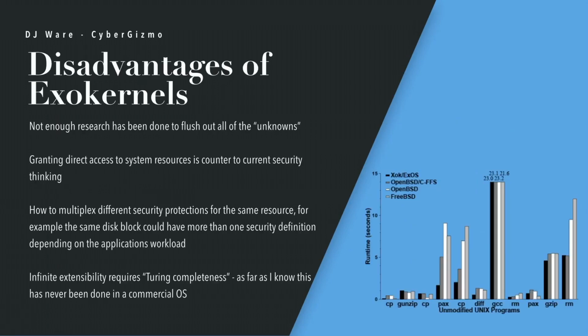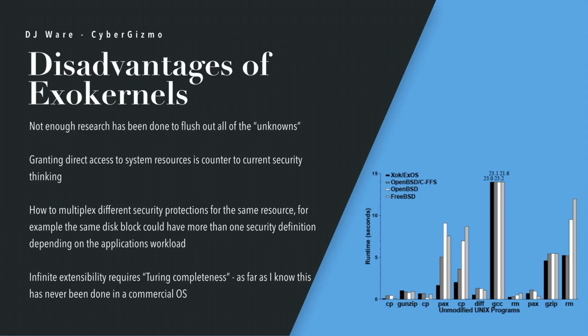The disadvantages of an exokernel: not enough research has really been done to flush out all the unknowns. Typically, research in operating systems takes some time in order for them to figure out, oh, well, the things that I assume will work the same aren't working the same. So, yeah, things like Linux have gone through a lot of research, and a lot of that was flushed out years ago.